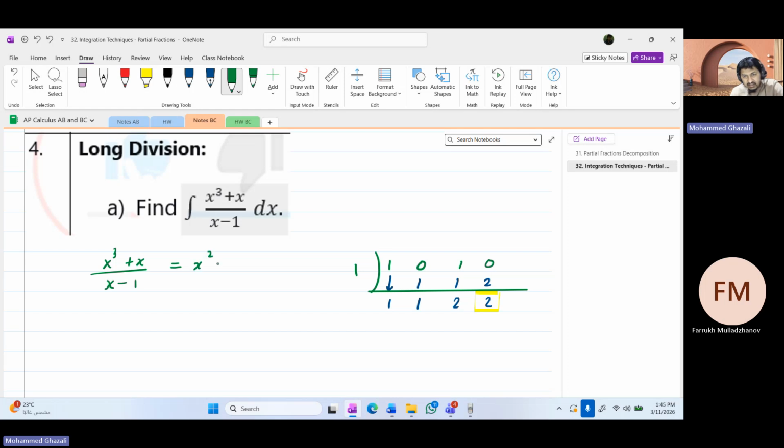This is x squared, because you got a polynomial here with 3 terms, x squared plus x plus 2, plus 2 over the divisor, which is x minus 1. And it's easy to integrate this, okay? The integral of that will be equal to the integral of x squared plus x plus 2 plus 2 over x minus 1.